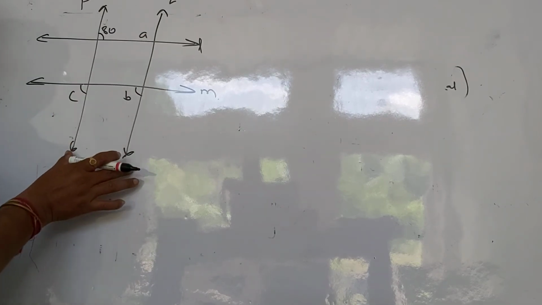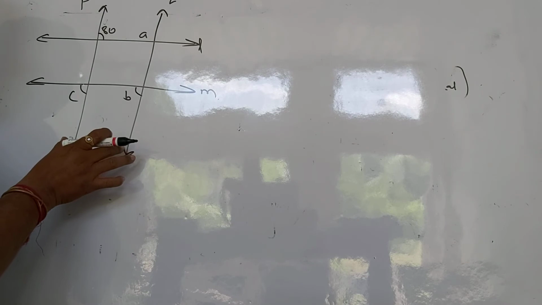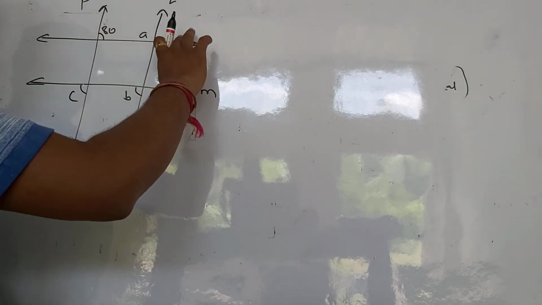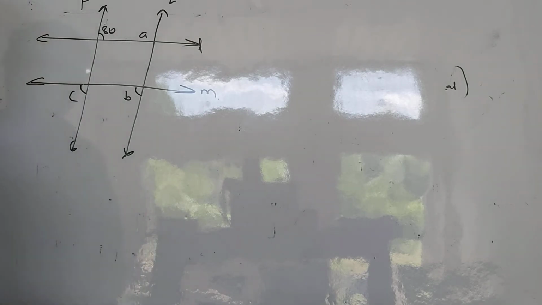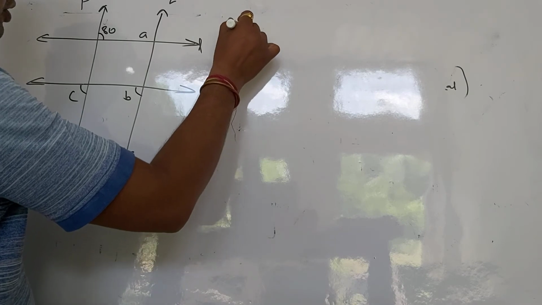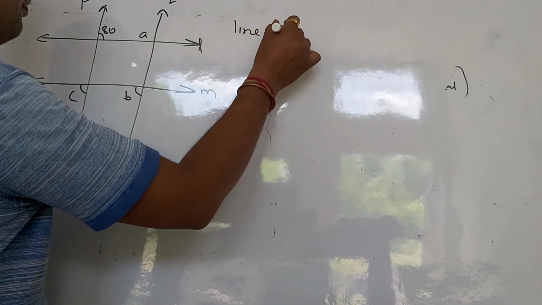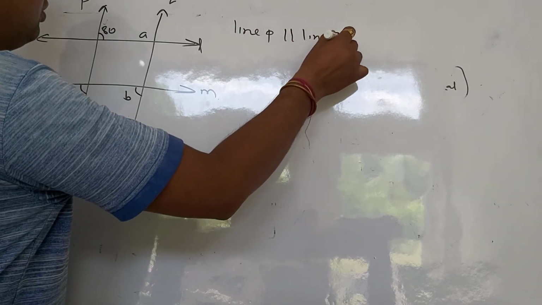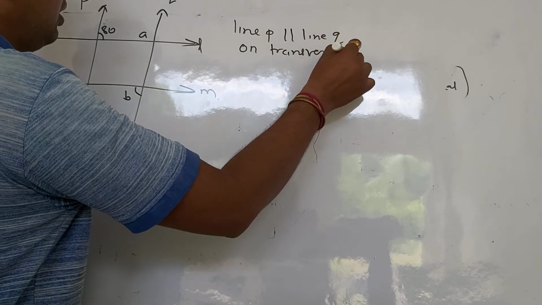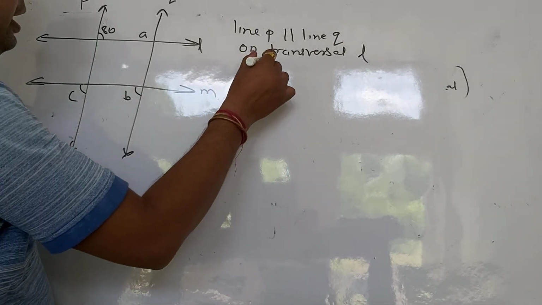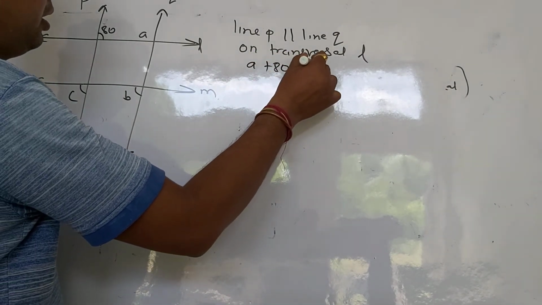First of all, these two are parallel lines, then these both will be transversals. And if these two lines L and M are parallel, then lines P and Q will be transversals. So first of all we will find A here on transversal. Here you can write line P is parallel to line Q, on transversal L, A plus AD is equal to 180.